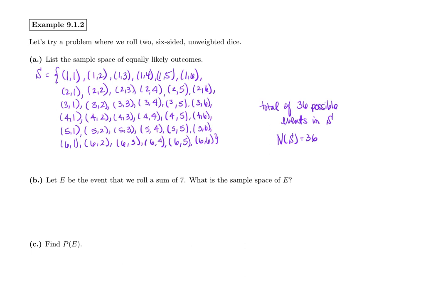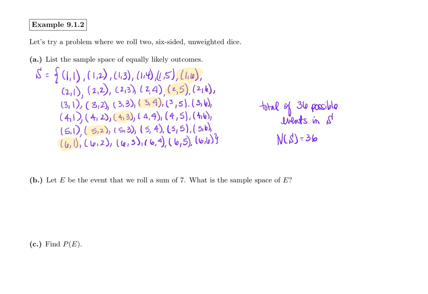Well, think of all the ways we can roll a 7. We could roll 1 and 6, 2 and 5, or 3 and 4 in any order. So we have 1 and 6, and 6 and 1. 2 and 5, 5 and 2. 3 and 4, 4 and 3. That is a sum of exactly 7.